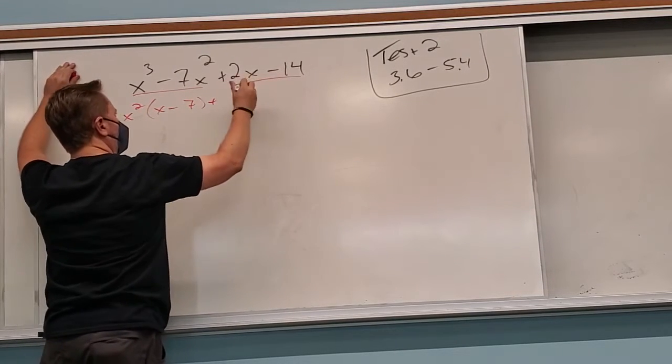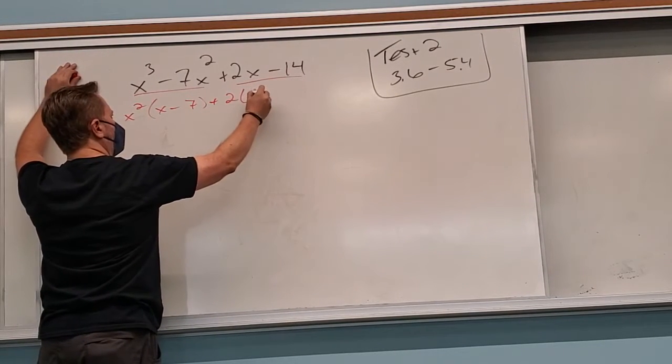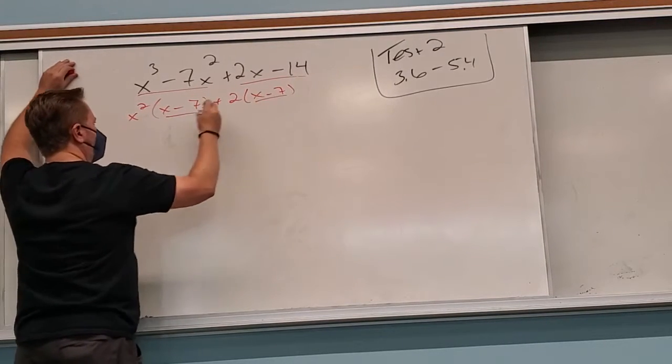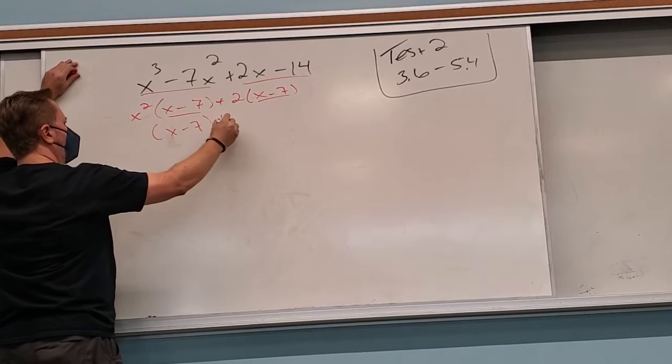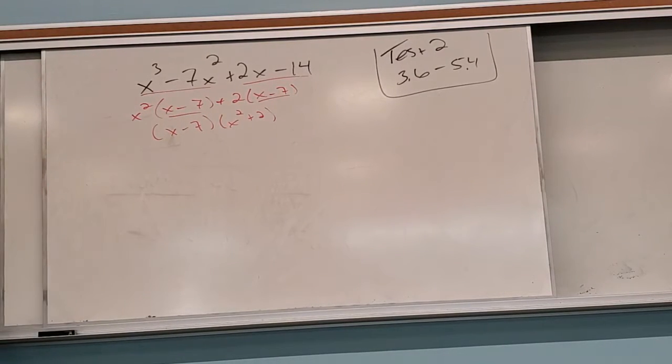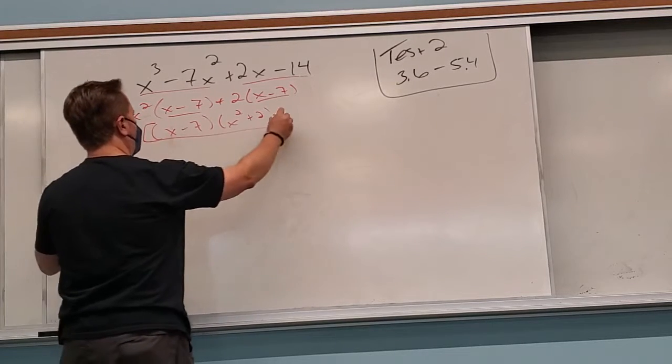What comes out of these guys? 2. And then of course x minus 7. And these are the same, which tells me I can do the next step. Can I factor this one any further? Not using real rational numbers, no. So that's that factored.